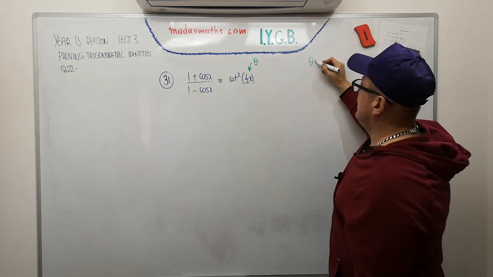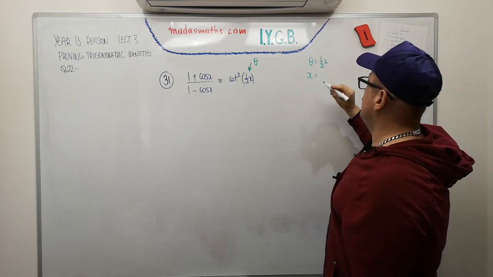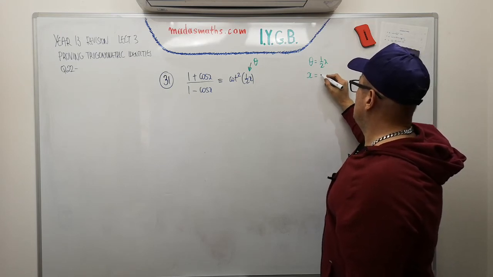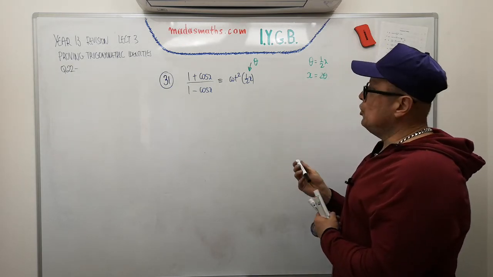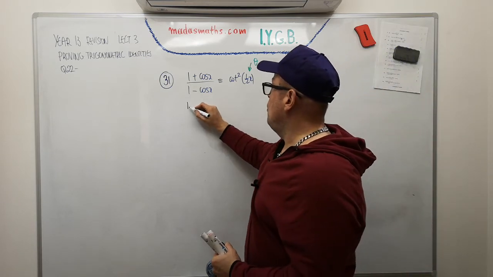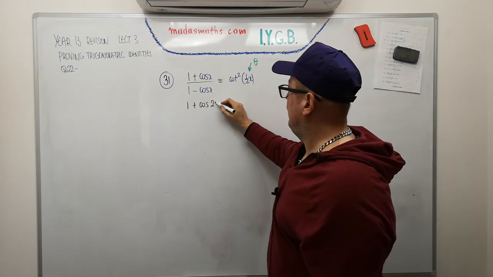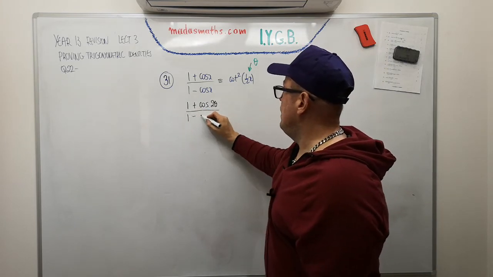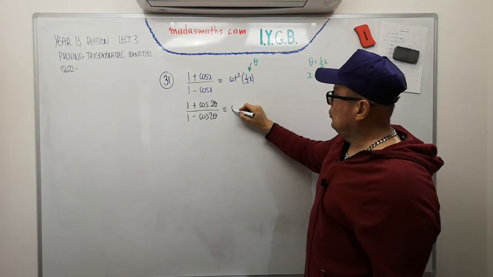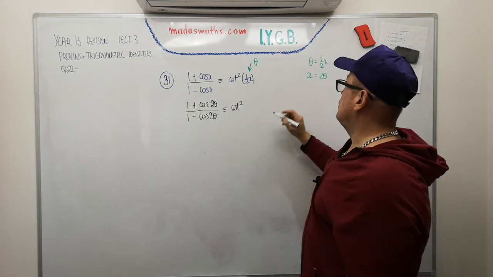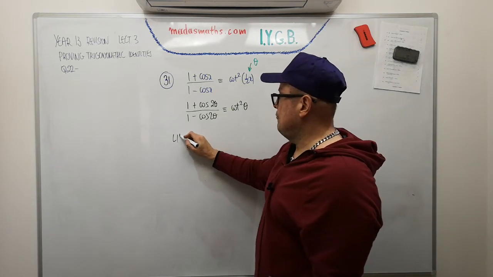So theta is in fact half x, or equivalently x is equal to 2 theta. Then the identity will be proven so long as you prove that 1 plus the cos of 2 theta over 1 minus the cos of 2 theta is identical to the cot squared of theta.